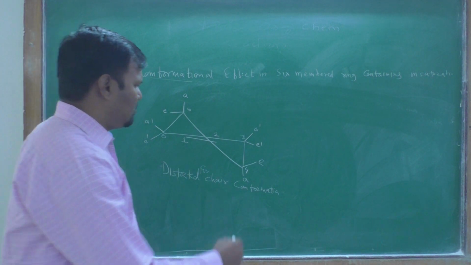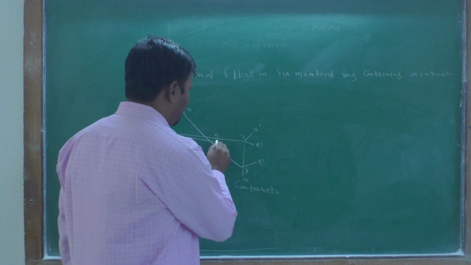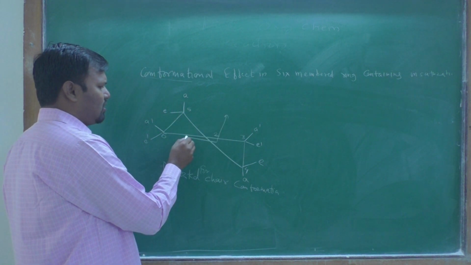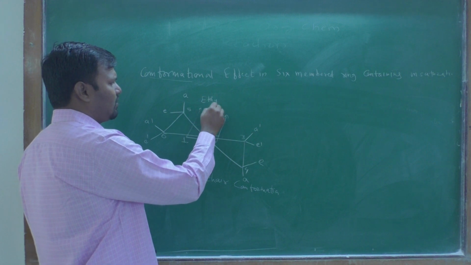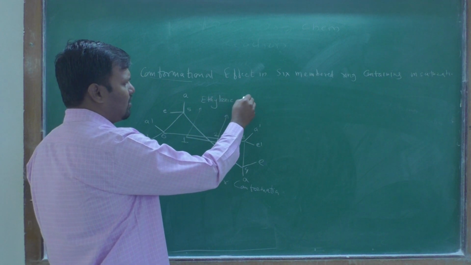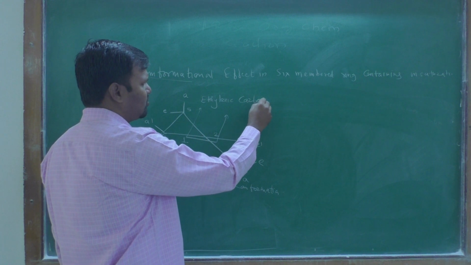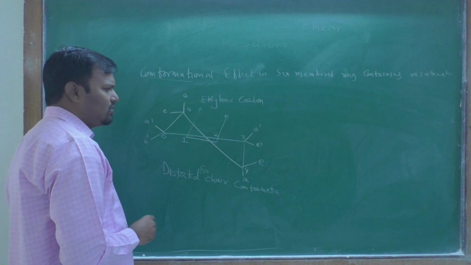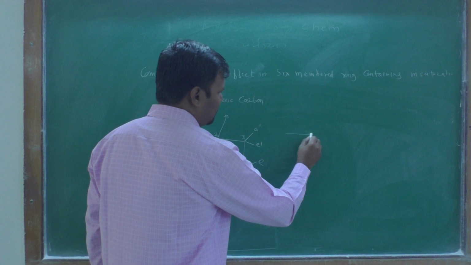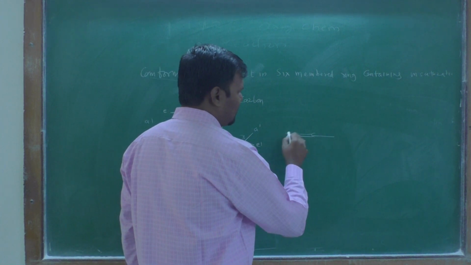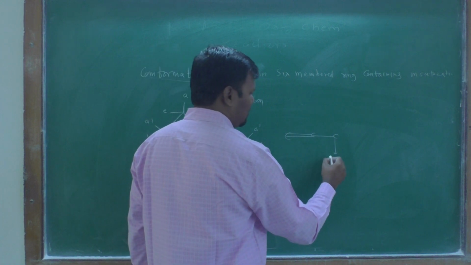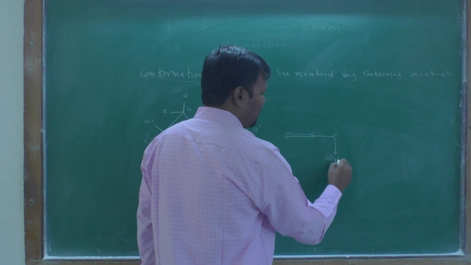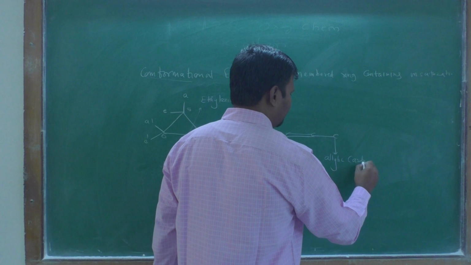The hydrogens on these double-bond carbons are on the ethylenic carbons. The carbon next to the double bond we call the allylic carbon.